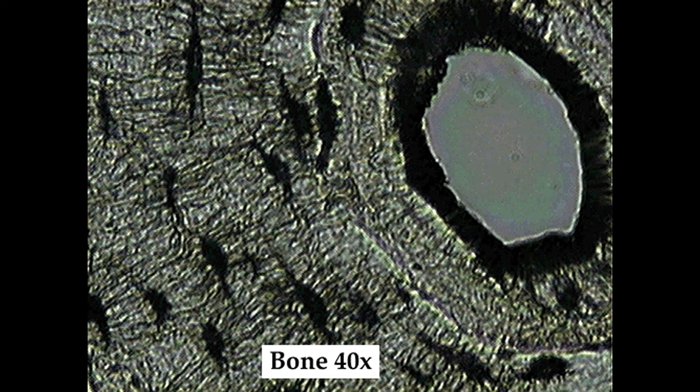So again, we have here a big canal, the Haversian canal with its concentric arrangement. We have the lacuna within the bone tissue, and inside the lacuna, we have the osteocyte with the canaliculi that interconnects the different lacuna.